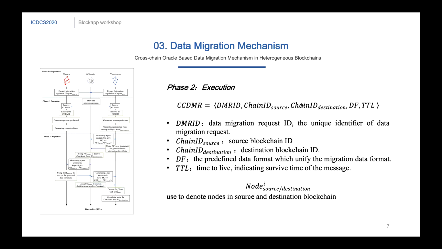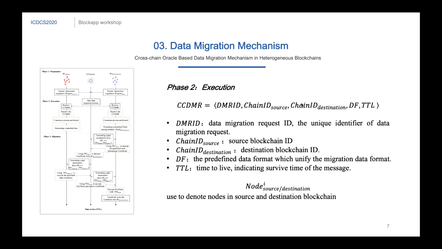It contains five pieces of information, including the data migration request ID, the unique identifier of the data migration request, and chain ID source, which is the source blockchain ID, and chain ID destination, which is the destination blockchain ID. The two blockchain IDs specify the blockchain candidates and the data migration direction.